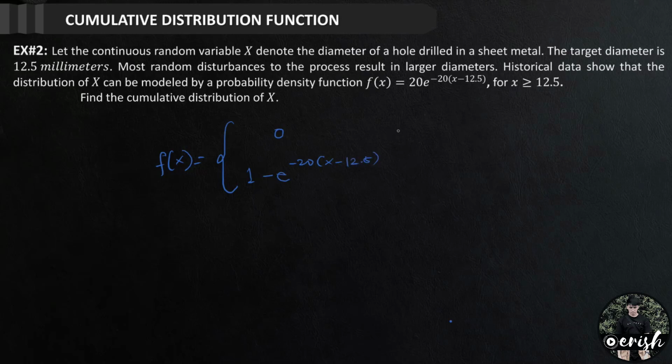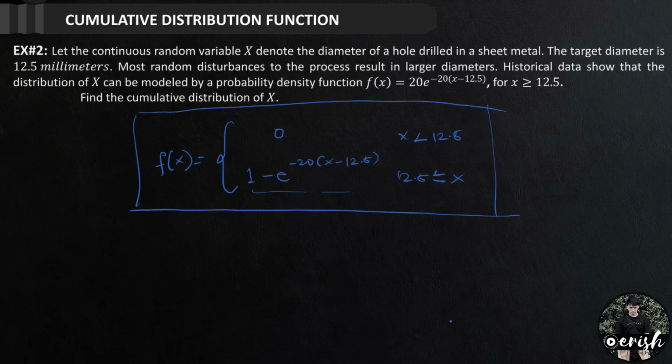Yung 0 natin is for x less than 12.5, and yung function natin na to is for 12.5 less than or equal x. So this is our cumulative distribution function for the random variable x.